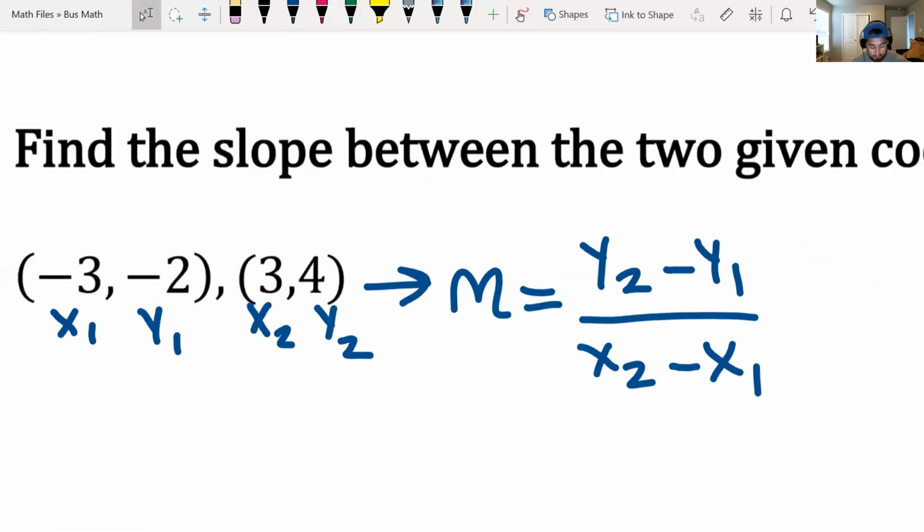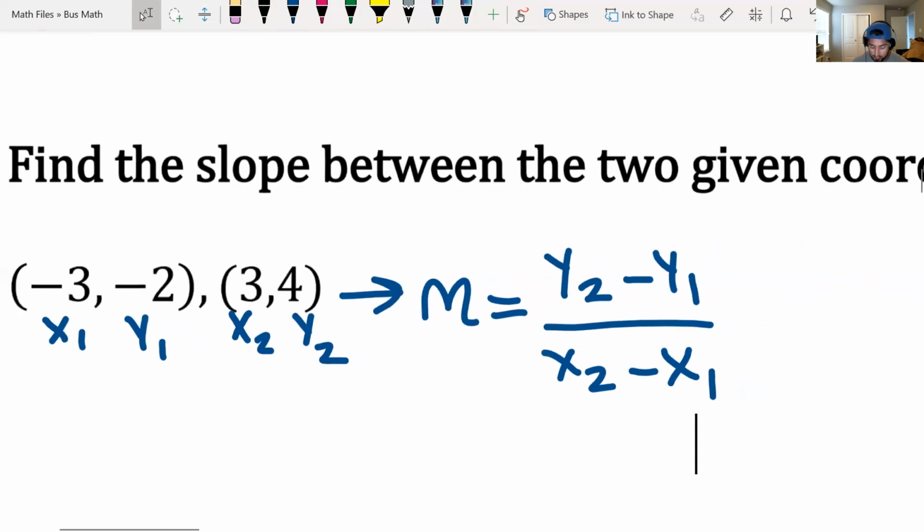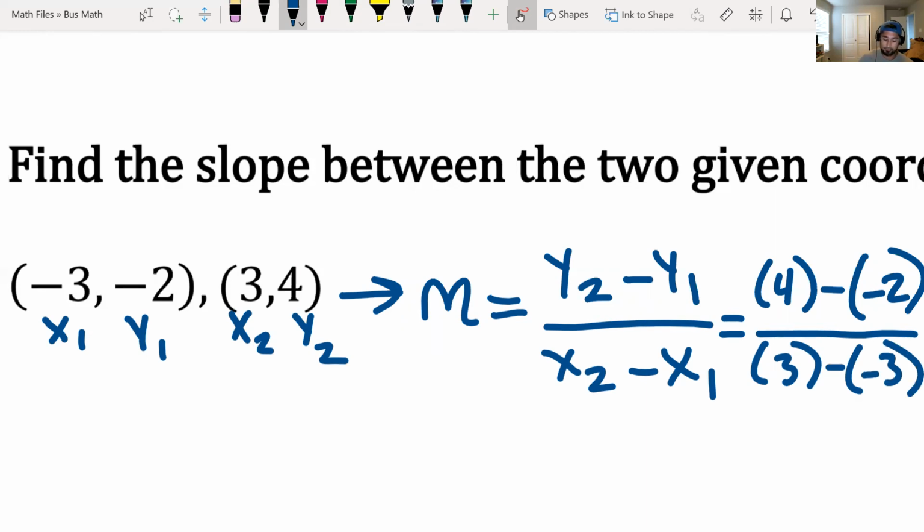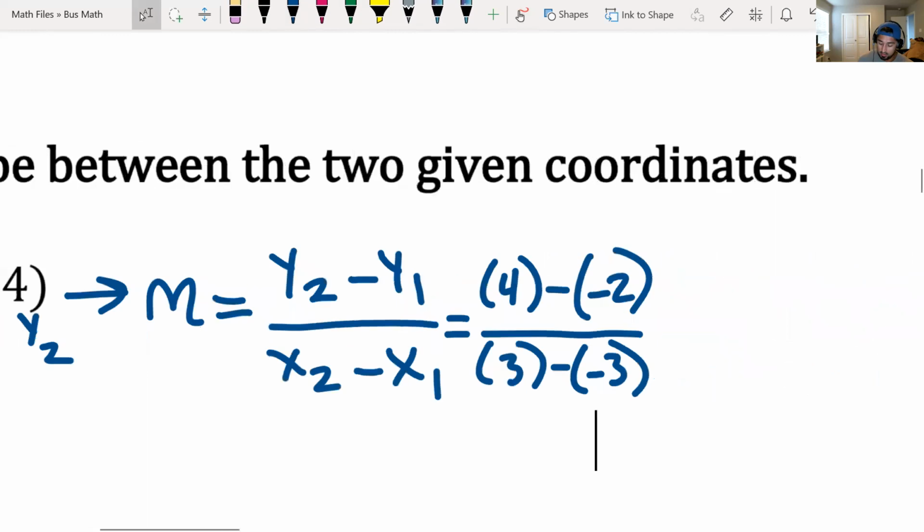So let's go ahead and plug in. My y2 is 4. My y1 is -2, over my x2, which is 3, minus my x1, which is -3. All right.